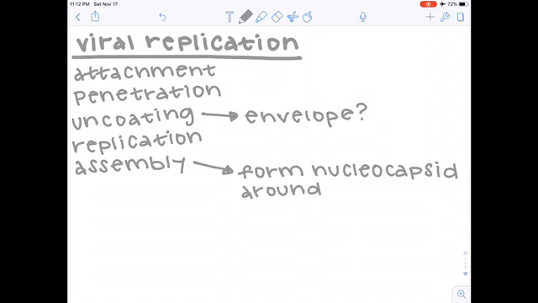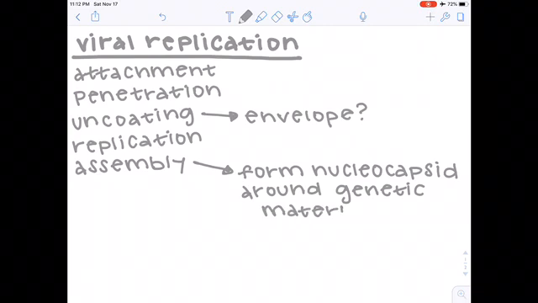Sorry, I can't really talk and write at the same time. Like I was saying, this just protects the genetic material so that when the virus goes to leave the cell, all their DNA or RNA doesn't go everywhere.